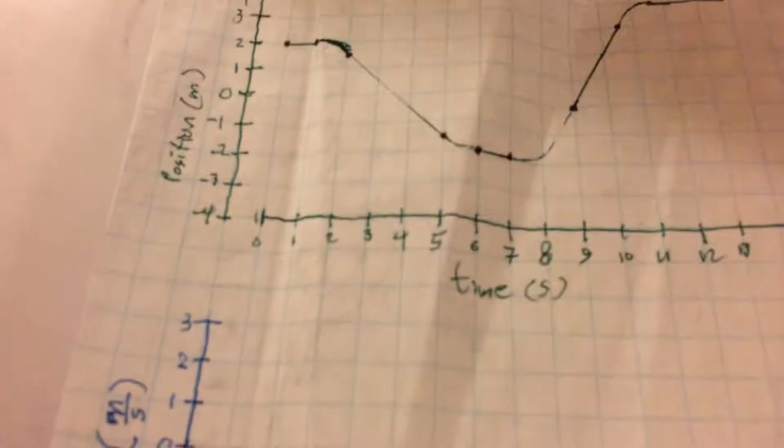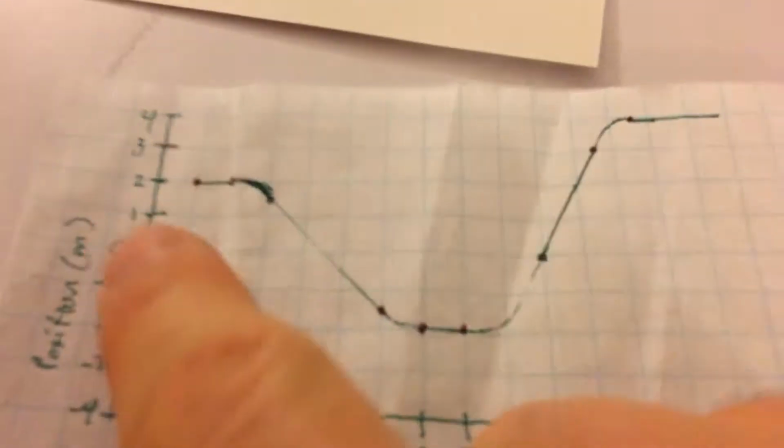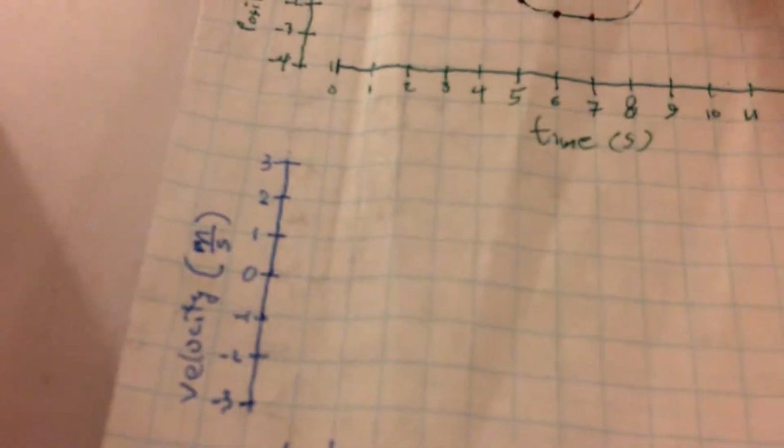Okay, so from here to here, the change in position between these two points is 0. And over a second, a change of 0 over a second is going to be 0 meters per second. And that's going to be the same everywhere between these two points.